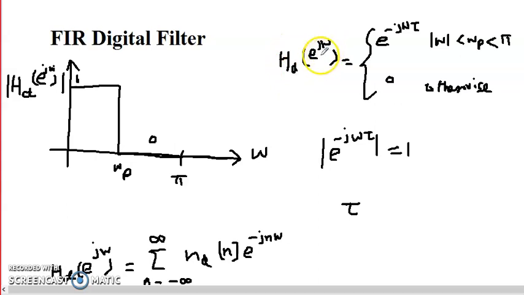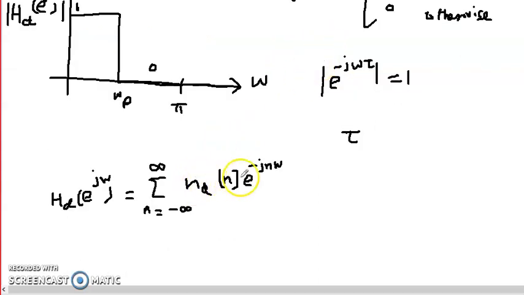Okay? Because it is in the frequency domain, if it is in the n domain, then it can be written like this. If this Fourier series has an infinite number of terms, then infinite number of terms gives rise to IIR filter design.